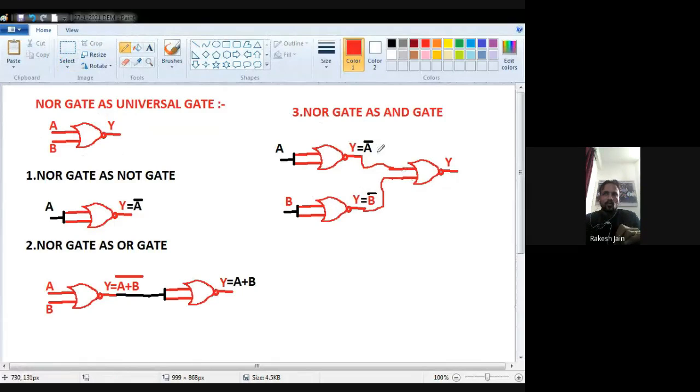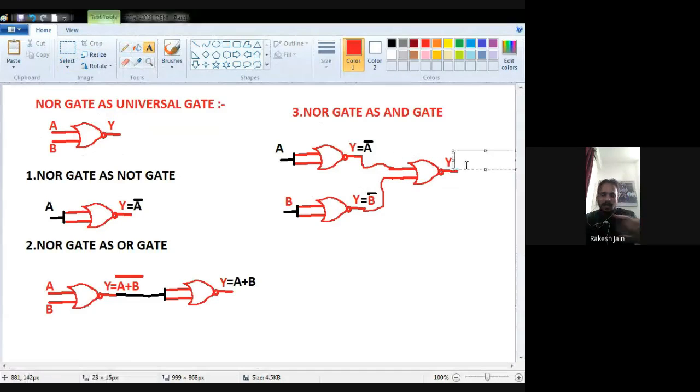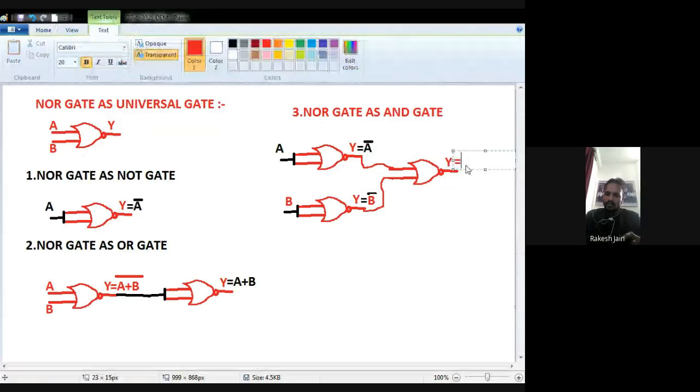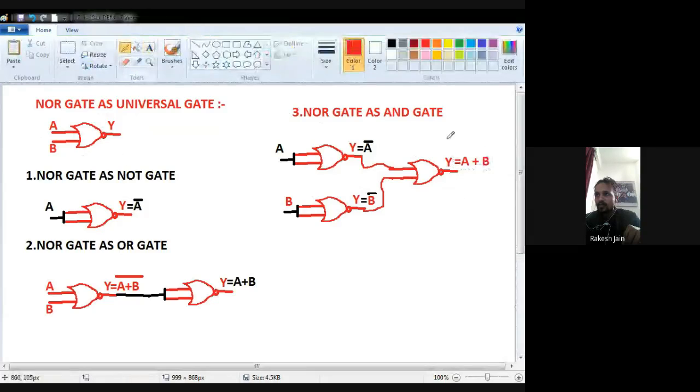Now A bar and B bar are the two inputs of a NOR gate, and we know what the output of a NOR gate is: whatever the inputs, first just add them. Here the two inputs of this third NOR gate are A bar and B bar, because this third one is also a NOR gate.